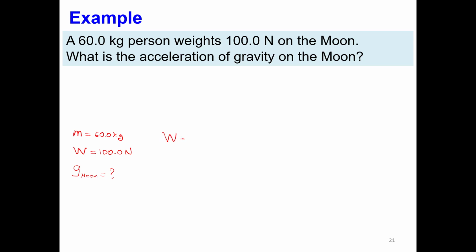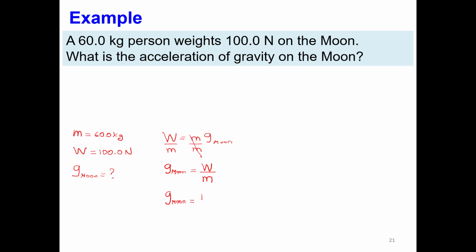This is the equation, but in this case, because it's the weight on the moon, we will find the acceleration of gravity on the moon. We need to solve for the acceleration of gravity, so we divide by the mass on both sides, and g will be equal to the weight divided by the mass.